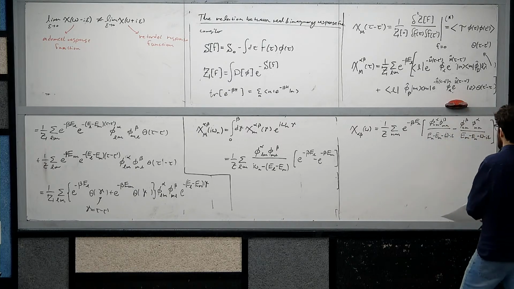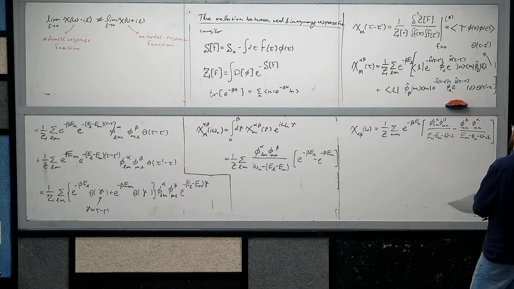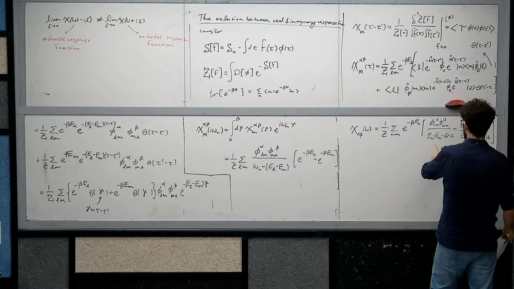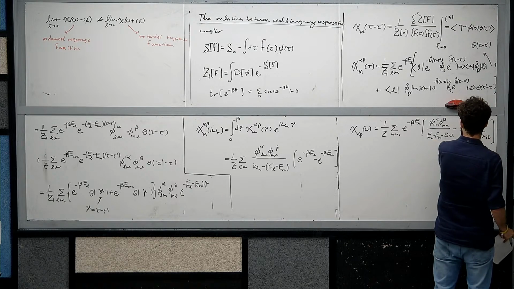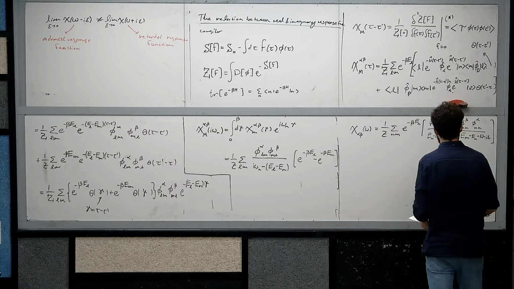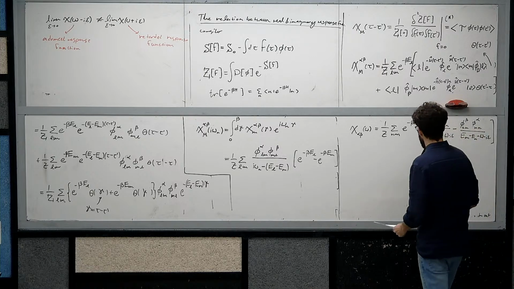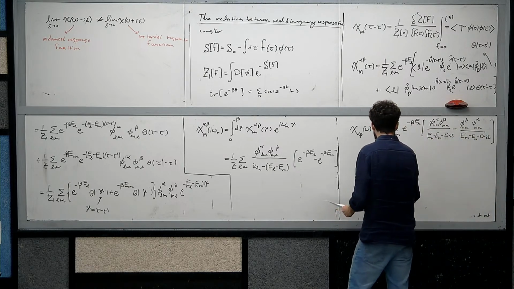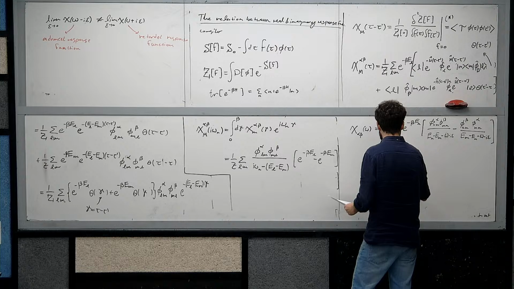Okay, so now I want to compare these two expressions. What I can do is switch what I call n and what I call m. And this thing is equal to 1 over Z, sum over n, m.